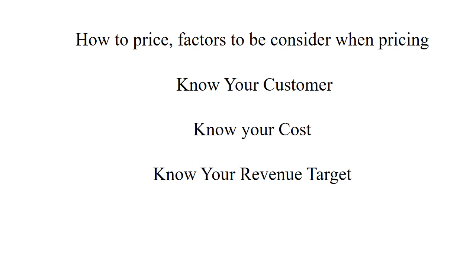Second point to consider is knowing your costs. The basic pricing theory is that you have to cover the expenses and then make a profit. This means you need to know how much it costs to sell a product. You also need to understand how much to make of the product and how many to sell to turn a profit.